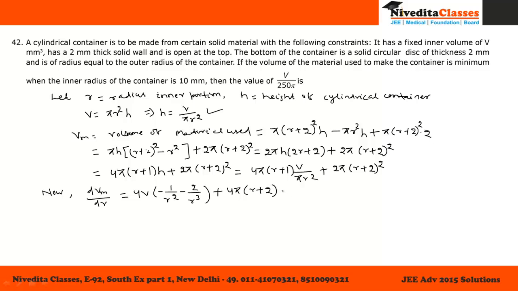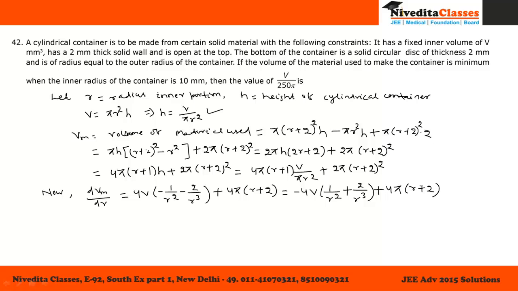This will be equal to minus 4V into 1 upon r square plus 2 upon r cube, plus 4 pi into r plus 2.